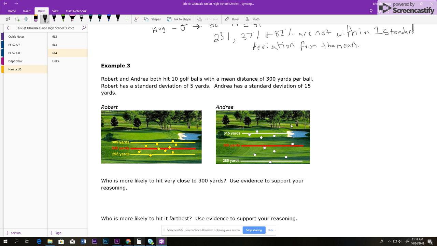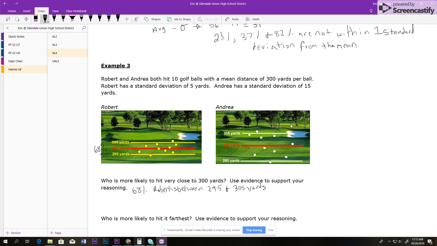Even though his mean is 300 yards, we know that one standard deviation is 68% of his results. So 68% of the time, Robert is between 295 and 305 yards.